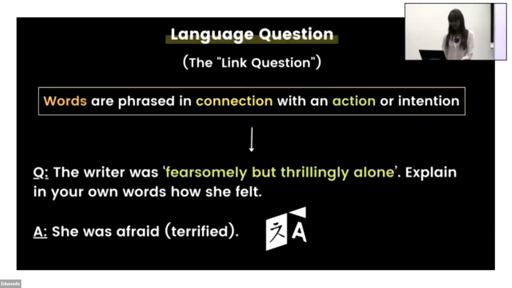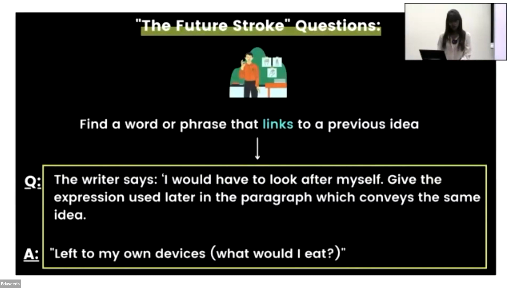The next one, the future stroke question, where you have to find a word or phrase that links to the previous idea. For example, the writer says, I would have to look after myself. Give the expression used later in the paragraph which conveys the same idea. So you have to look back to the previous idea. Left to my own devices, what would I eat?